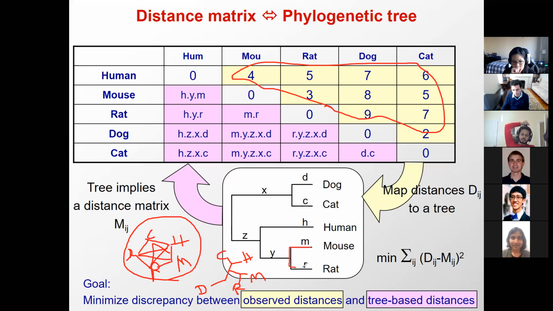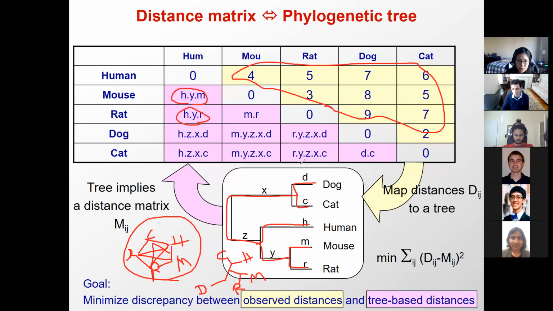And that's what I have here. This is one way of thinking of the spatial relationship between all of the different distances. So I can only travel from rat to mouse through this rat branch and this mouse branch. And if I want to travel to human, I better go through the same rat branch and then these common ancestors and so forth. That imposes a constraint for each of those distances.